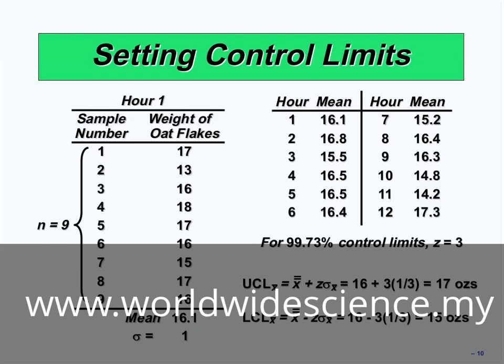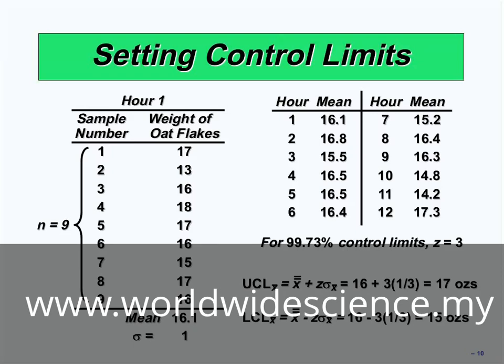Radical sigma is radical 1, that is 1. Radical n is radical 9 because n is 9 here. Radical 9 equals 3. 1 divided by 3 multiplied by 3 gives you 1, plus 16 gives you 17. So we have calculated the upper control limit, the upper range.